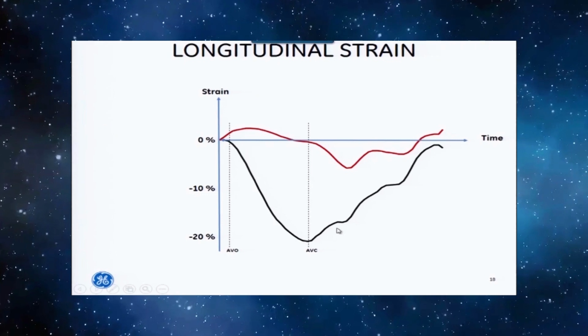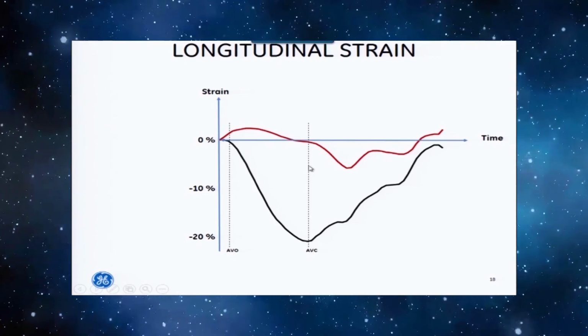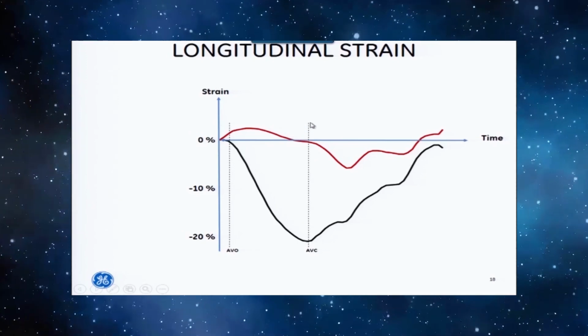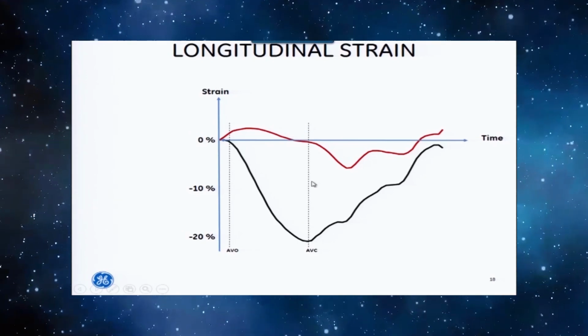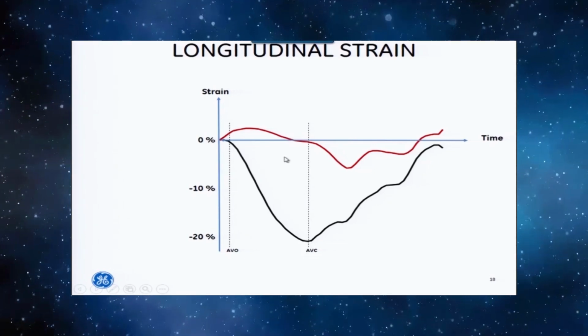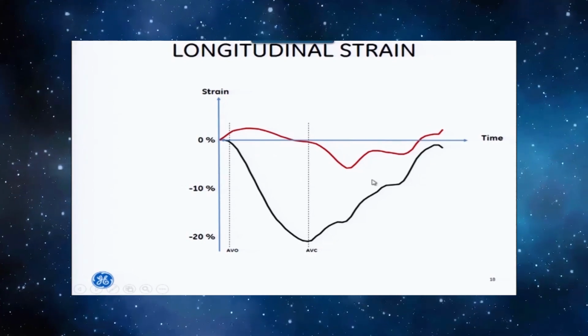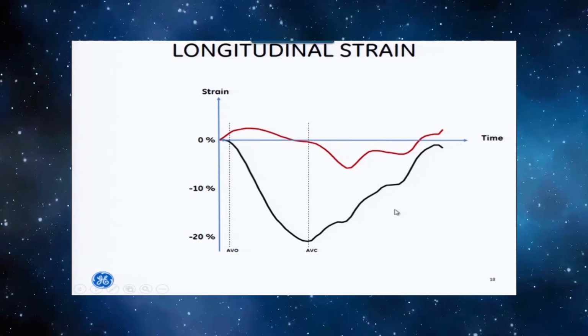The first thing I want you to notice is that we have an aortic valve closure line here. Very important when you're looking at strain curves to have this aortic valve closure line. On the left side of that aortic valve closure line is systole. On the right side is diastole.